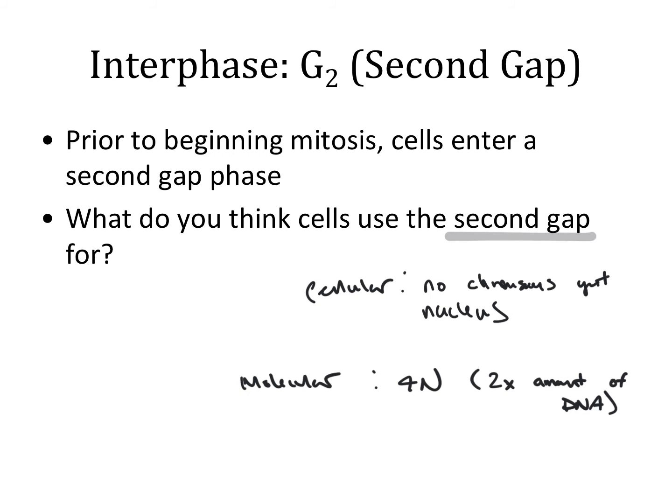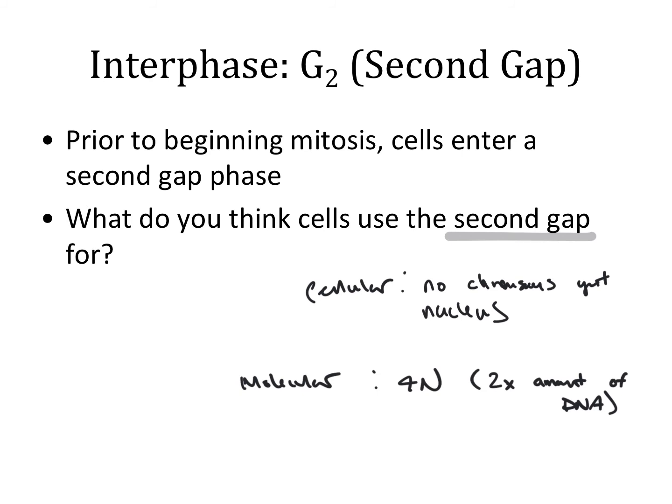If I don't have enough mitochondria for both cells to divide, right, and they separate from each other, there's not enough mitochondria to make ATP, what happens to both of my cells then? If there's not enough mitochondria, they'll both die, right? So this phase ensures that I have enough resources and I have enough organelles so that when we go to split, I know everybody will be able to survive, okay?